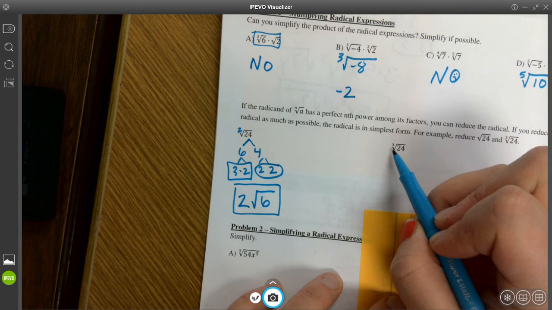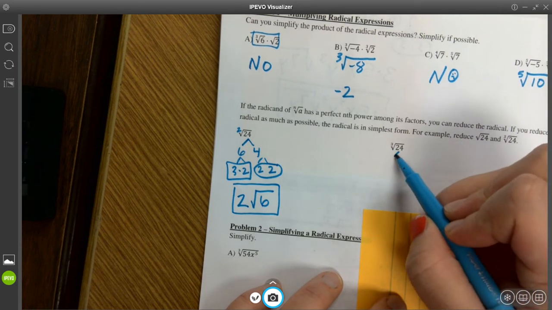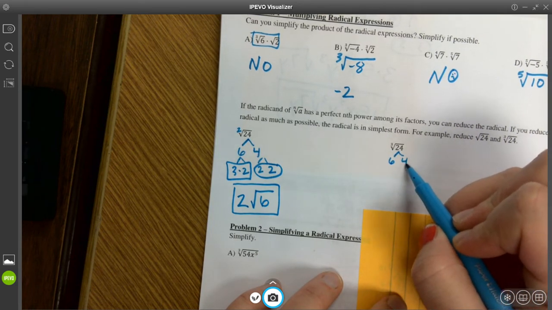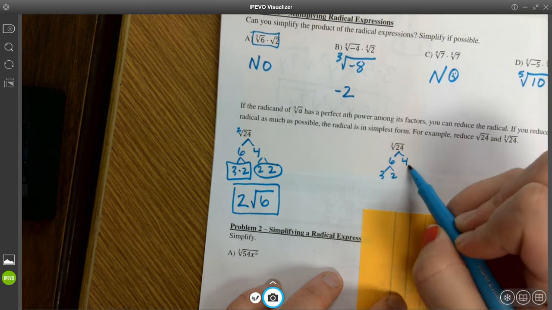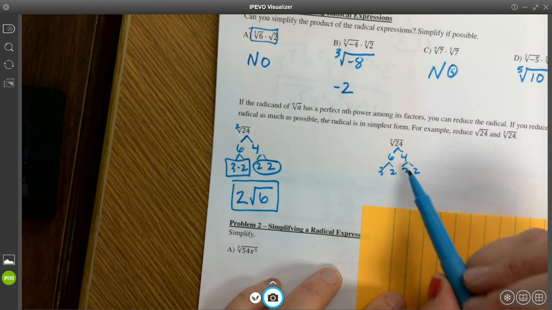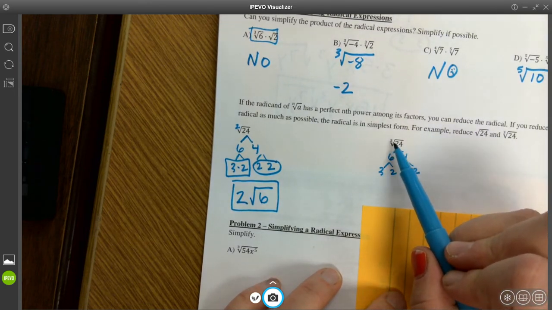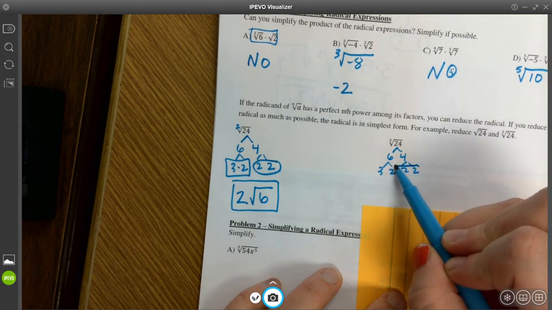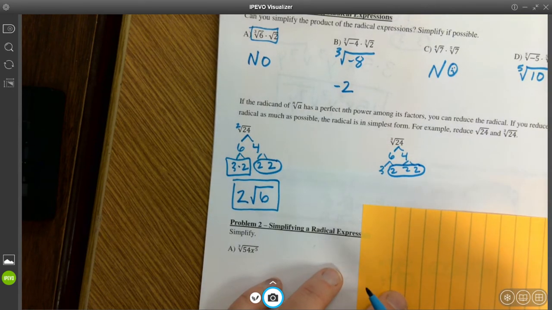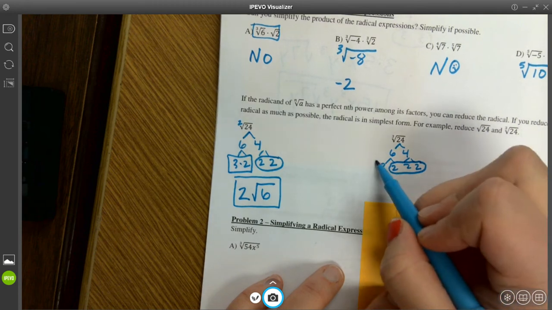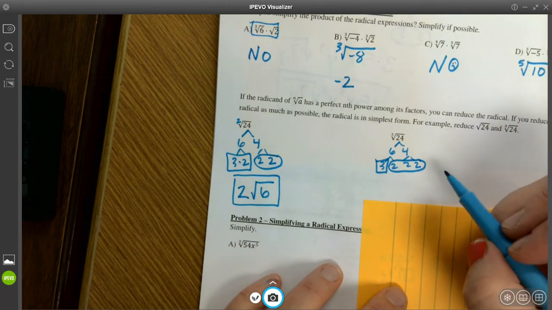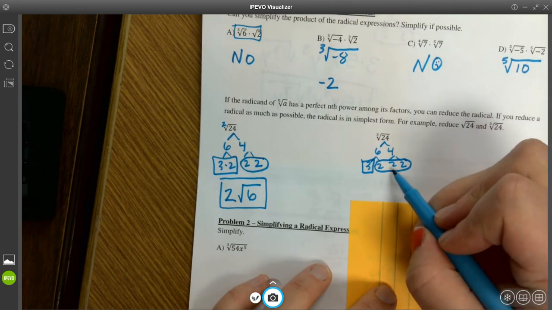Okay, now this is where you have to be careful. My index here is 3. So again, I can start with 6 times 4, 3 times 2, 2 times 2. Now I'm looking for groups of 3. Your index will tell you how many should be in a group. So index 3. So now this 3 is left over. When you are writing your final answer, the 2 comes out.